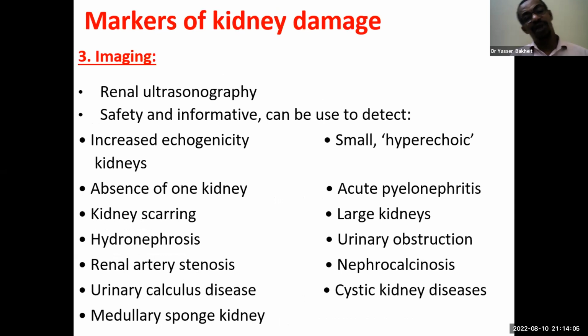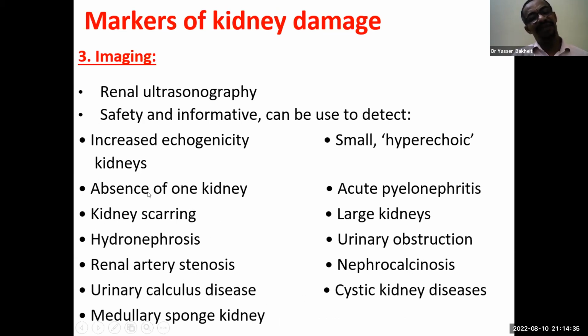Imaging is important as a marker to detect chronic kidney disease. The main imaging is renal ultrasonography. It is safe and informative and can detect anything in the kidney: increased echogenicity or a small hyperechogenic kidney, and an absent or single kidney.